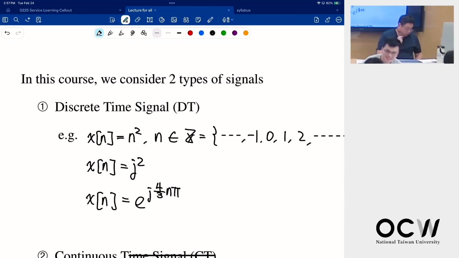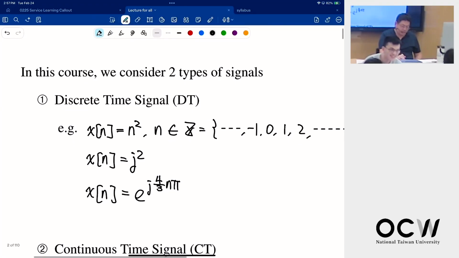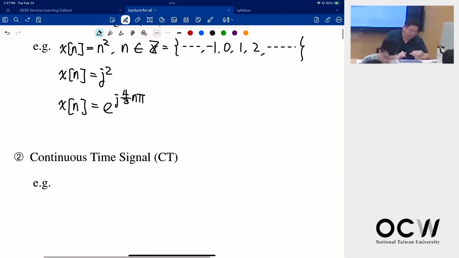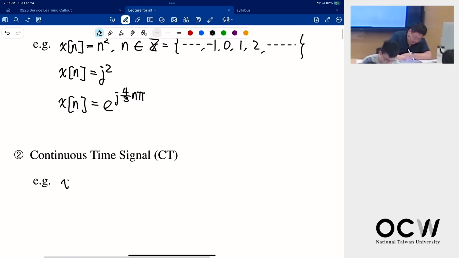We also have the continuous time signal. So for the continuous time signal, for example, like 1 plus t squared, just 1 plus t, and then t is the real number.